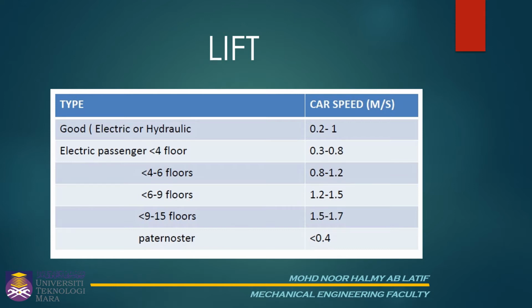For 4 up to 6 floors, 0.8 to 1.2 meter per second. For 6 to 9 floors, 1.2 to 1.5 meter per second, whereas for 9 to 15 floors, it is 1.5 to 1.7 meter per second.